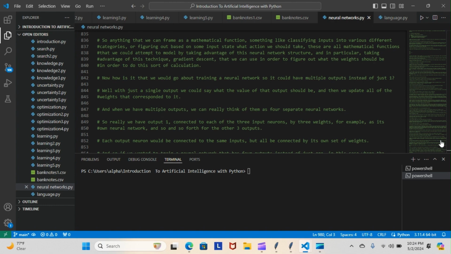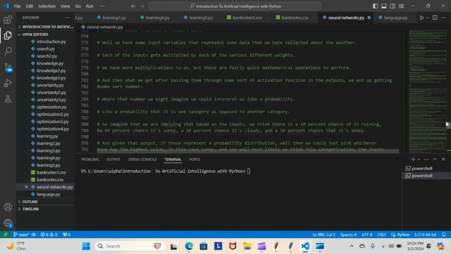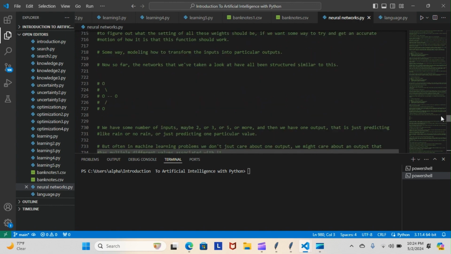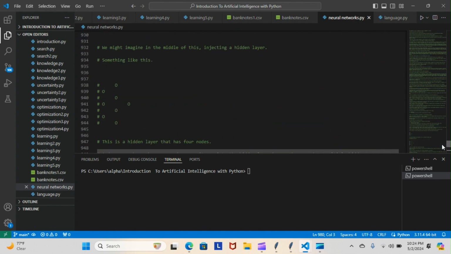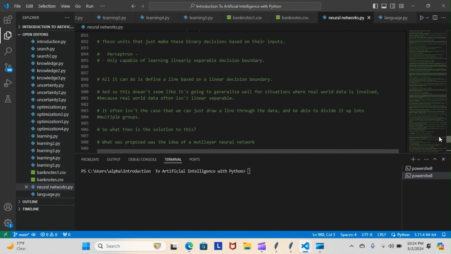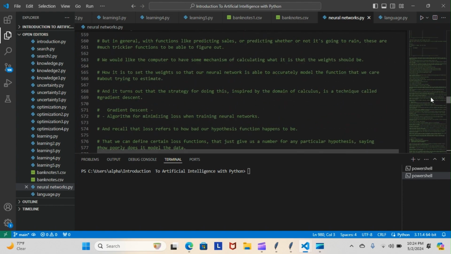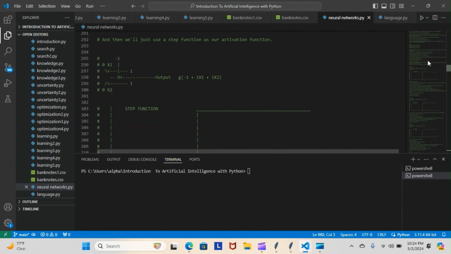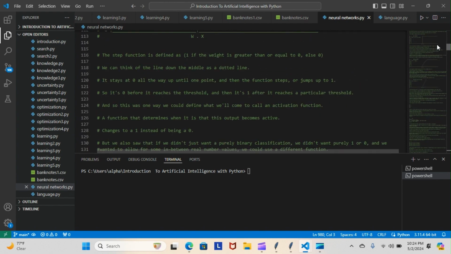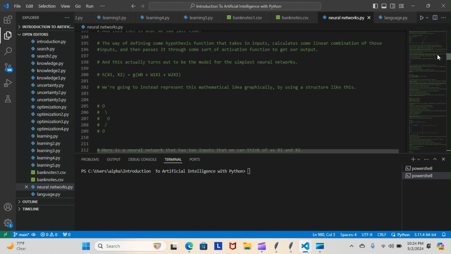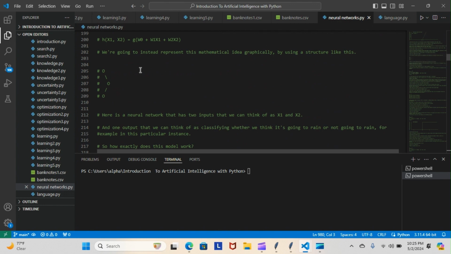So let me see if I can actually show you an example here, just so I can show you quickly what it would look like. It'll be a better explanation visually. Okay, so let's just imagine here we had four, or we're just going to call it three for now.